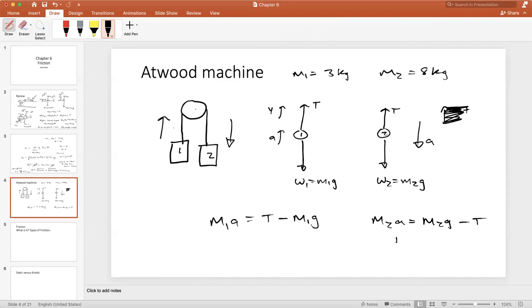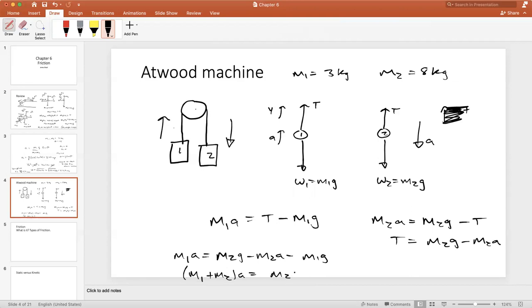Now all that's left is solve this for T, and I get m2g minus m2a. Add tension to both sides, subtract m2a from both sides. That gives me m1a is m2g minus m2a minus m1g. Let's move this over and combine like terms.